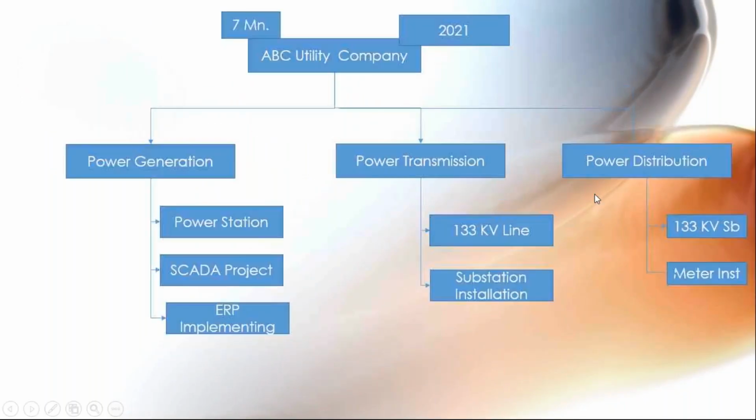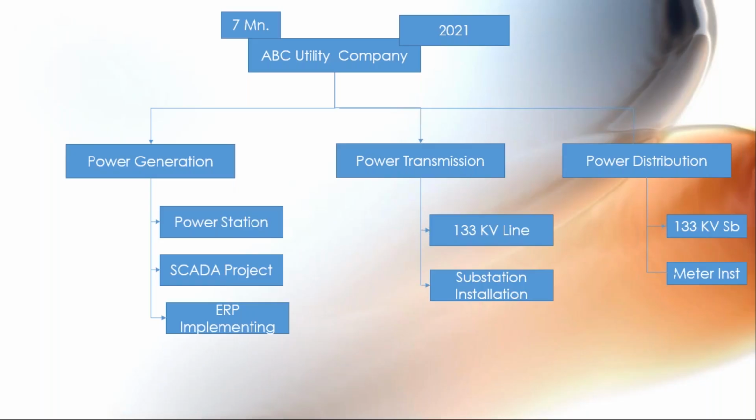Let us consider this organization, ABC Utility Company, which has three different divisions or departments. First is power generation, another is power transmission, and the third is power distribution. Individually these departments can have further sub-departments. For example, a power station, SCADA and ERP implementation can be considered further departments.